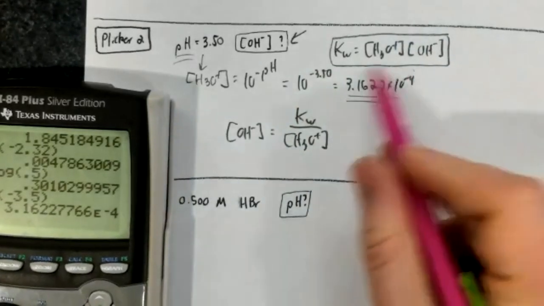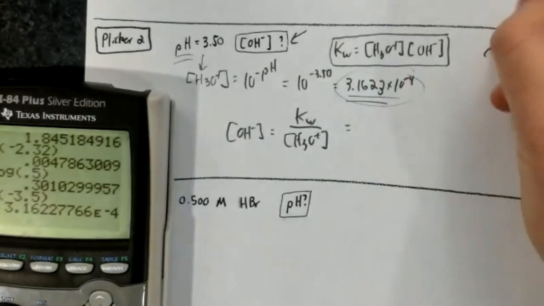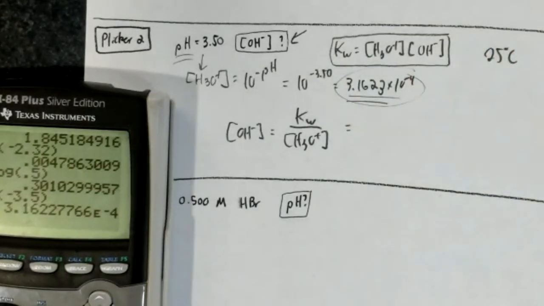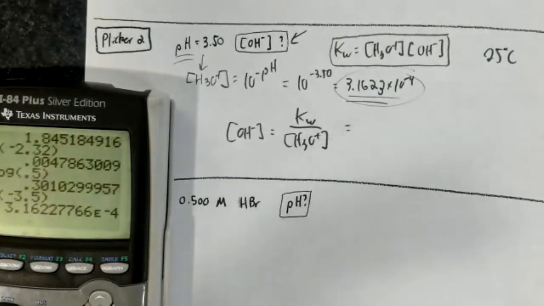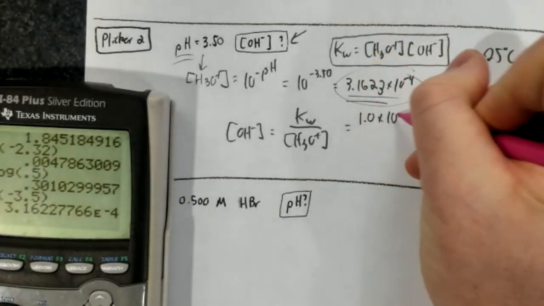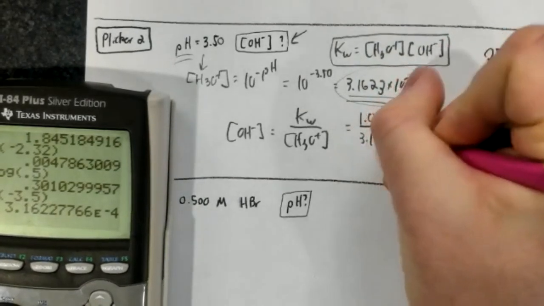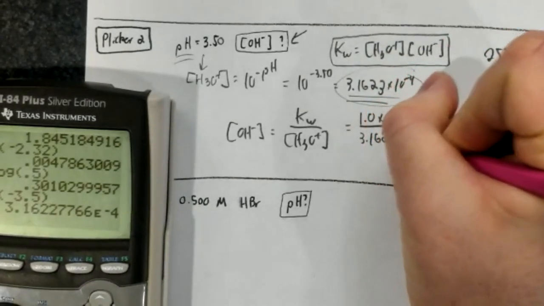We just calculated the concentration of H3O plus, and as long as we're at 25 degrees Celsius, which you can assume unless you're given a different temperature, Kw is 1.0 times 10 to the minus 14. I'm going to divide that by the number I just calculated.